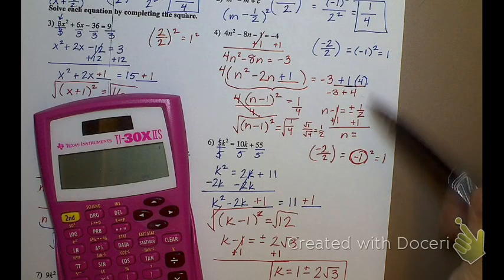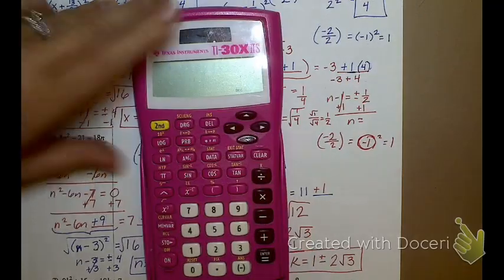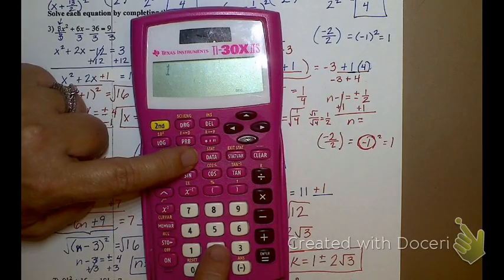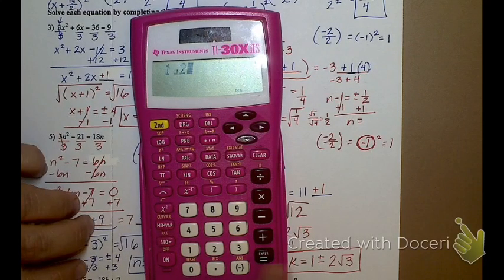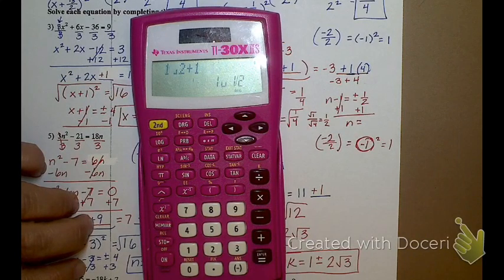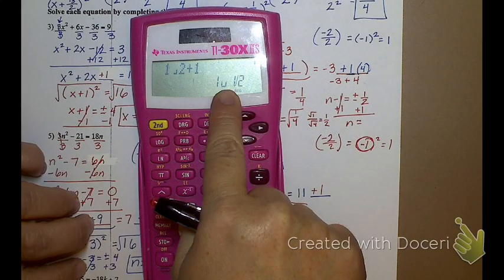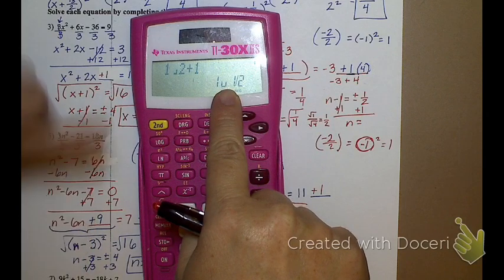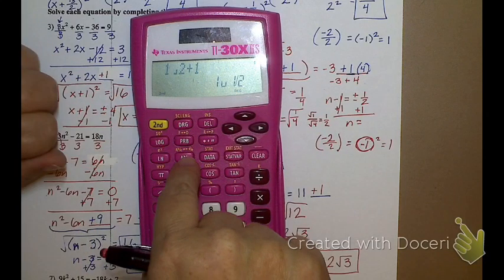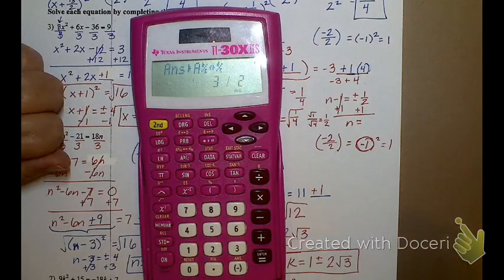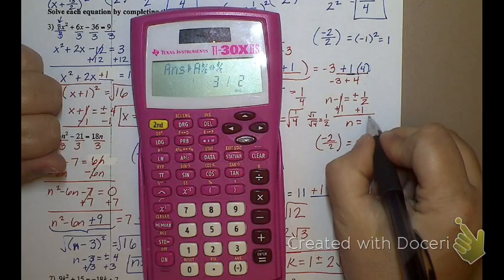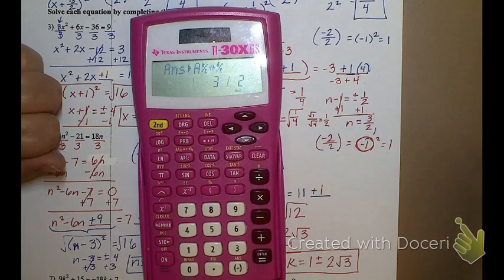Let's let our calculator do it. Positive 1/2. Use your fraction button. 1 fraction 2 plus 1 is 1.5. We don't like mixed numbers. We want improper fractions. So hit second and your fraction button, and guess what? It changes it for you. 3. So 3/2 is one of my answers.